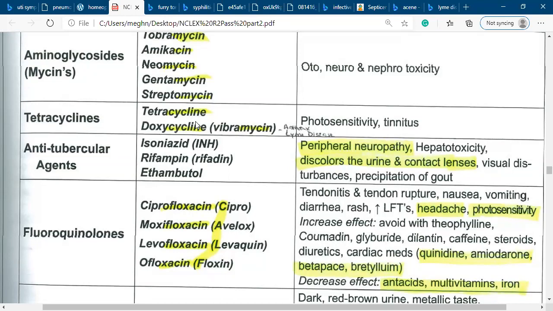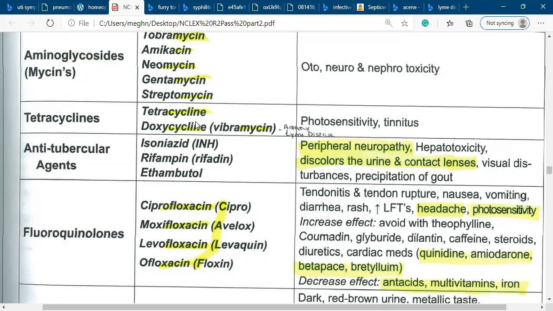For the NCLEX board, I want to review again some of the most important points that are frequently asked about tetracycline. Tetracycline can cause nephrotoxicity, hepatotoxicity, and phototoxicity. It means it causes renal damage, hepatic damage, and photosensitivity.